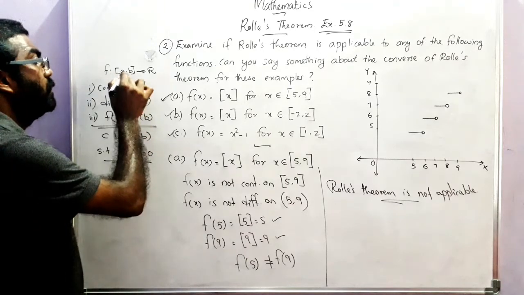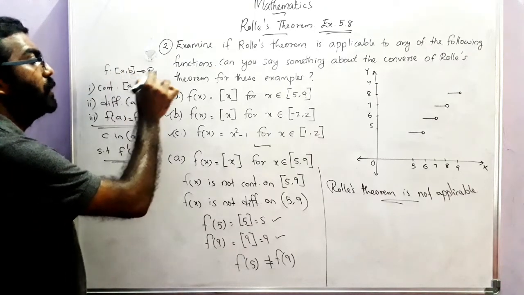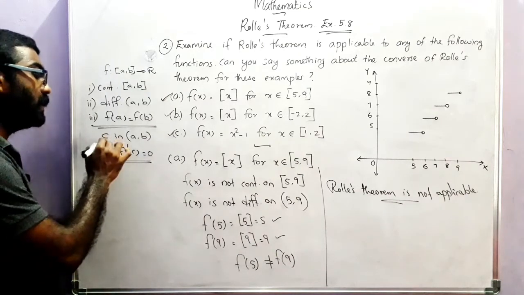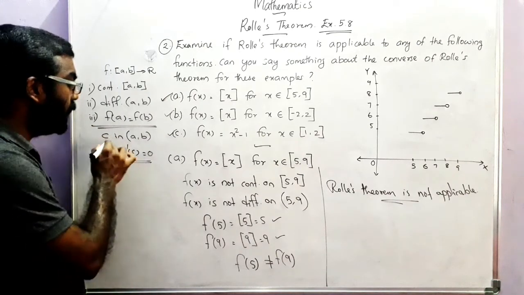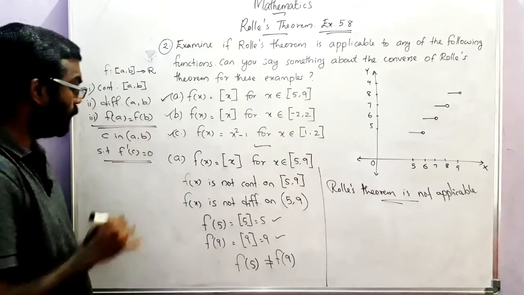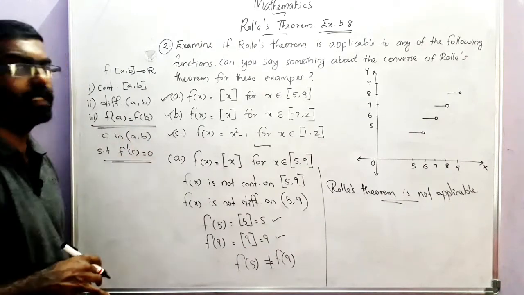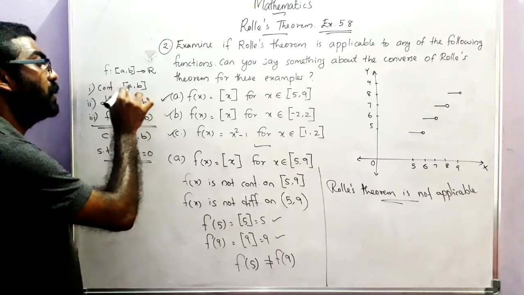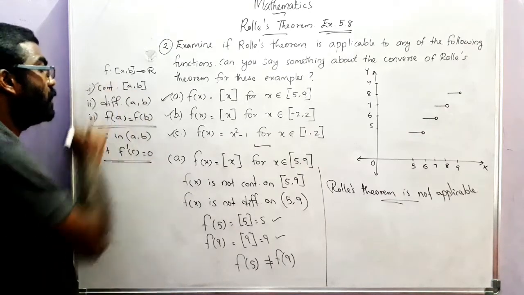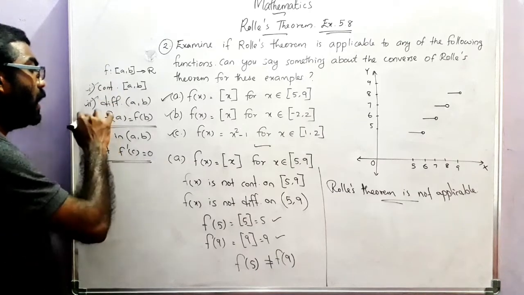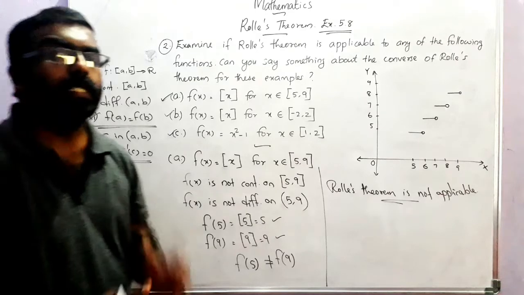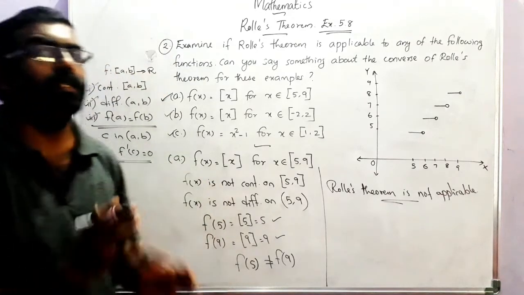Let f from closed interval [a, b] to R be a function such that there exists some real number c in open interval (a, b) such that f dash of c is equal to 0, then the function will be continuous on closed interval [a, b], differentiable on open interval (a, b), and f of a is equal to f of b. That means converse means just the reverse of the theorem.